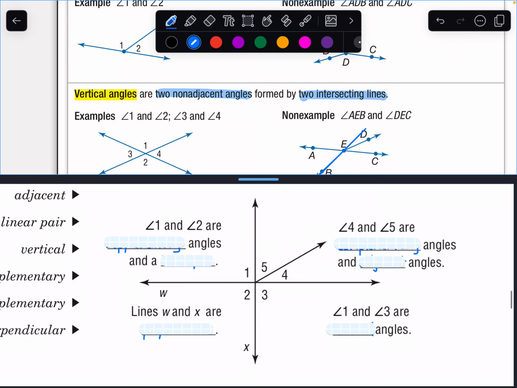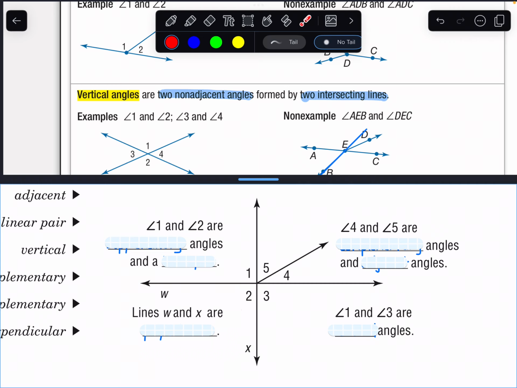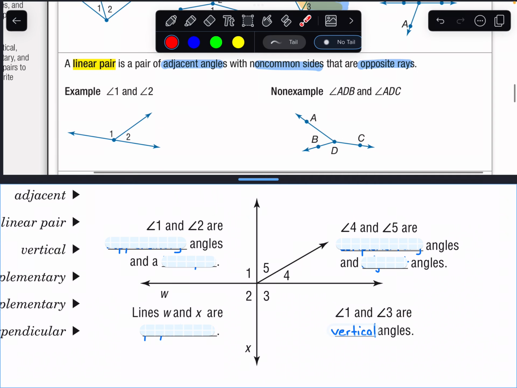So over here, from the diagram here, you're looking for opposite, catty corner. So 1 and 3 are vertical angles there. The linear pair must be 2 angles that would form the whole line. So here's a straight line that's made of 3 angles.